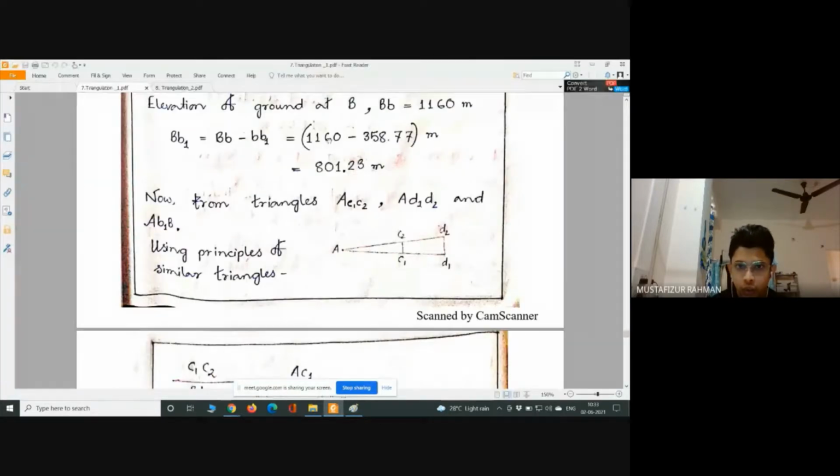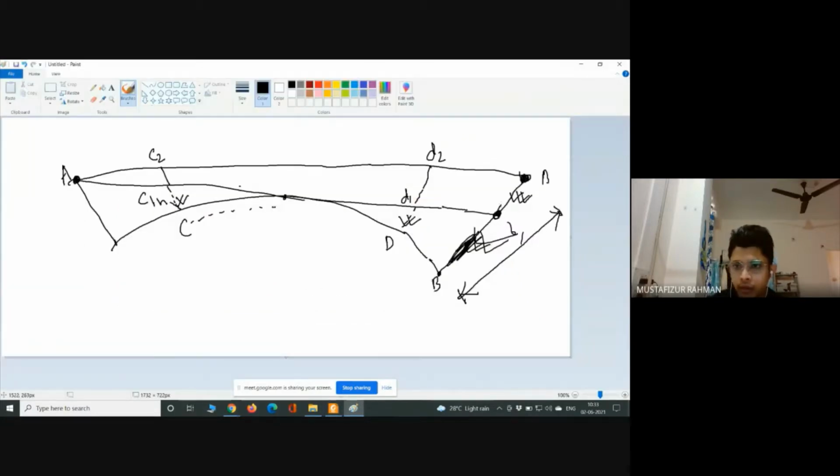So the total elevation is 1160 meter. From the total elevation, we are subtracting the h that we got from the formula, so that we are getting the other value. Okay, here, what is the actual elevation from this line of sight when we are trying to look at the horizon? Okay, so that is the idea.